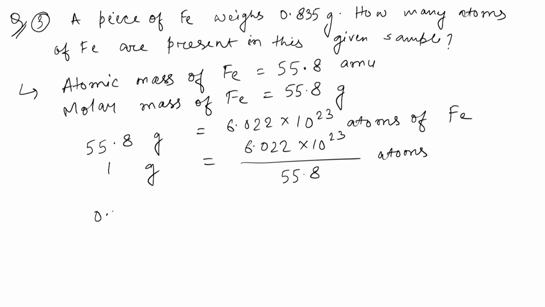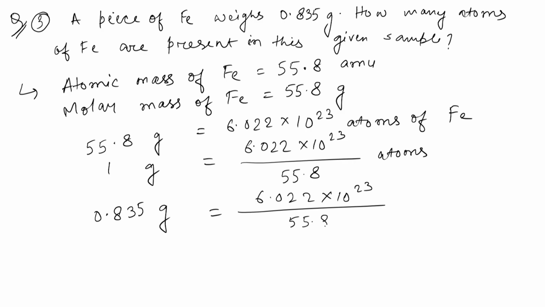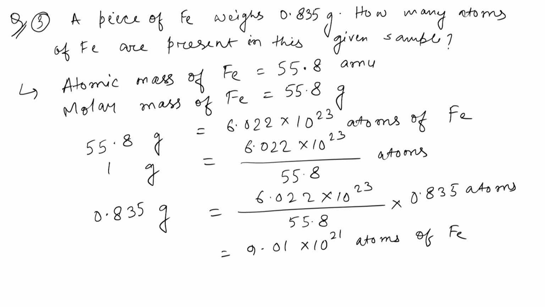So, 0.835 grams is equal to these many atoms. This comes as 9.01 into 10 to the power 21 atoms of iron. Okay.